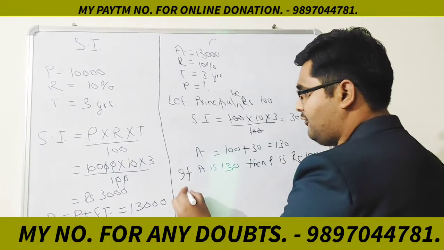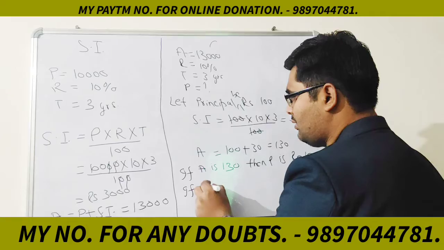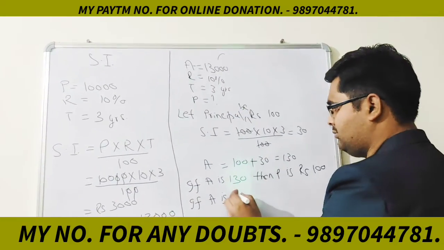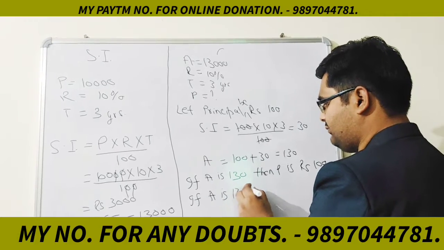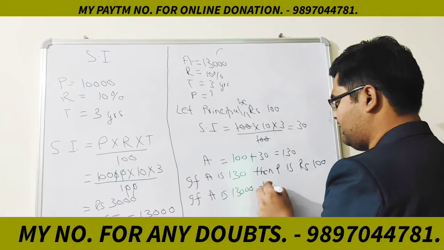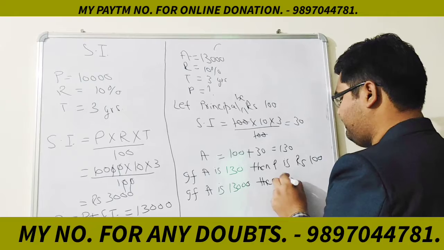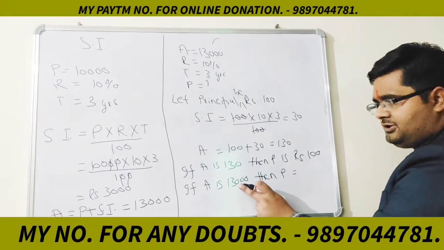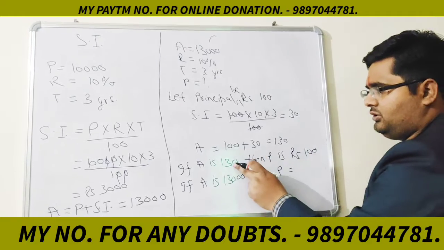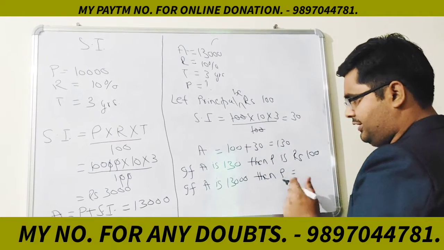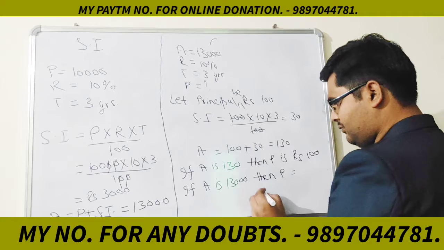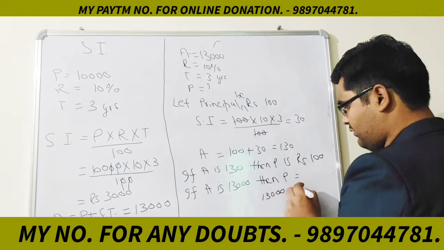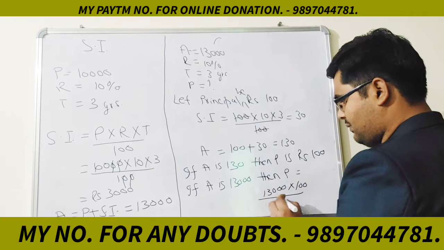So if amount is 13,000, which is given in the question, then principal equals, now see here, this into this upon this. This is the unitary method you are doing, meaning 13,000 into 100 upon 130.